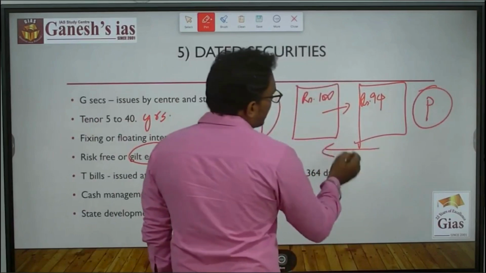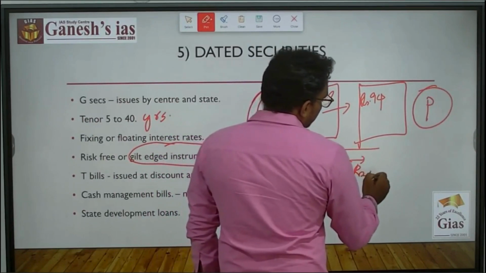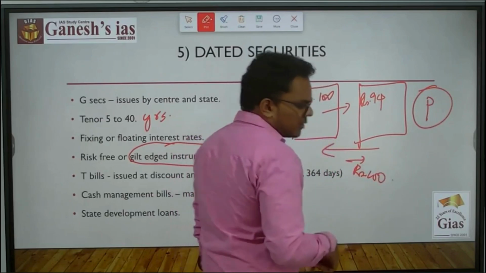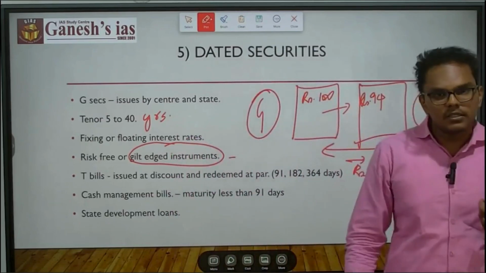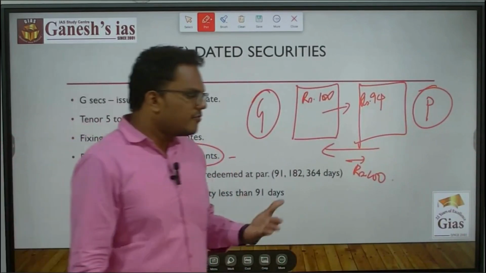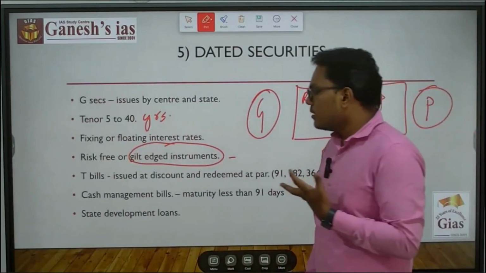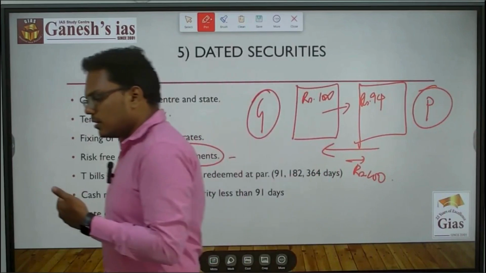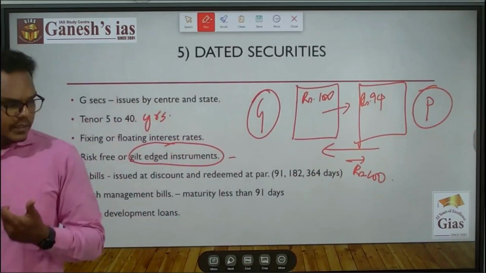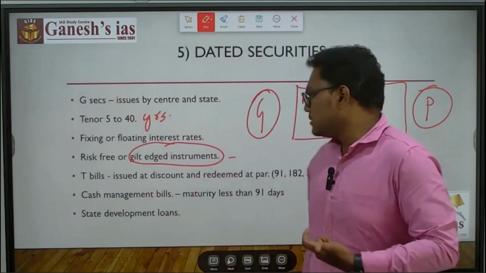When the government takes it back, it will pay 100 rupees and get back the bill. So the 6 rupees the government is paying is the profit for the buyer of the T bill. So your treasury bill is issued at discount and redeemed at par. That's what this means.